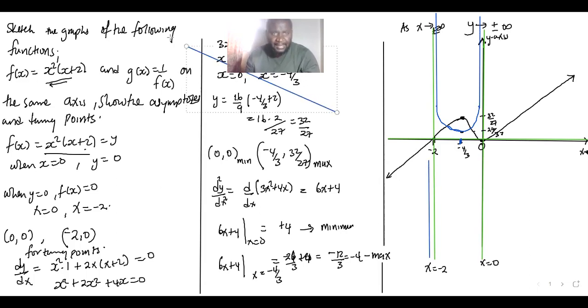On coming back, as it is arriving, this is what is expected. It is going to turn because it is meeting a horizontal asymptote. When it meets this horizontal asymptote, it becomes asymptotic again, horizontally. And it goes to infinity.